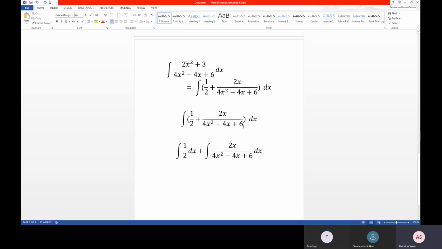So this is the same thing as integrate half with respect to x plus integrate this with respect to x. Are we clear to this stage?